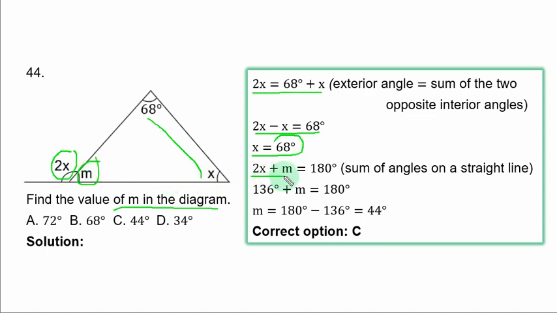So you have 2S plus M equal to 180 degrees. 2S is 2 times 68 degrees, that is 136, plus M equal to 180. Collect like terms, M is equal to 180 degrees minus 136 degrees, and that is 44 degrees. C is the correct option.